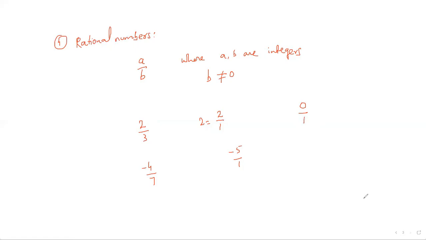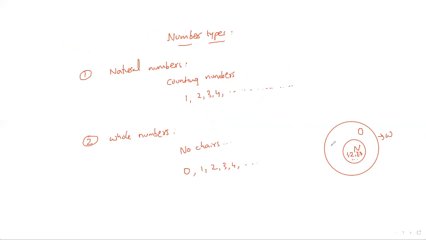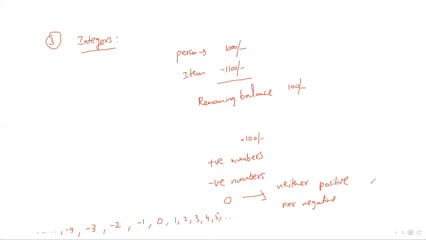So what we can say here is, to look at the number types first. Whole number, right? When we discussed whole numbers, we said that all natural numbers are part of whole numbers. The same way, when we discuss the integers, all the whole numbers are also part of integers.